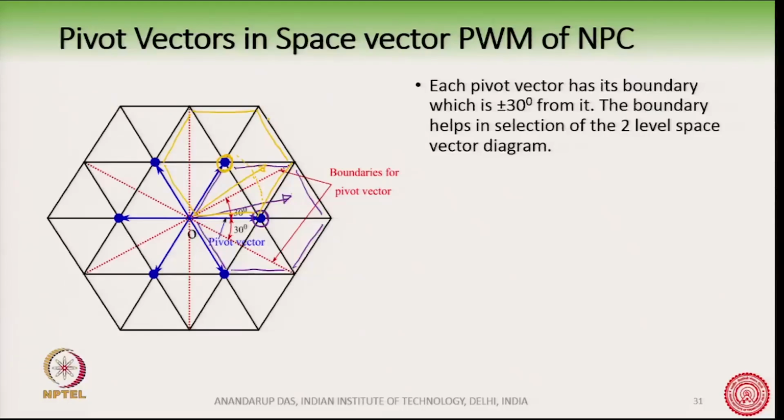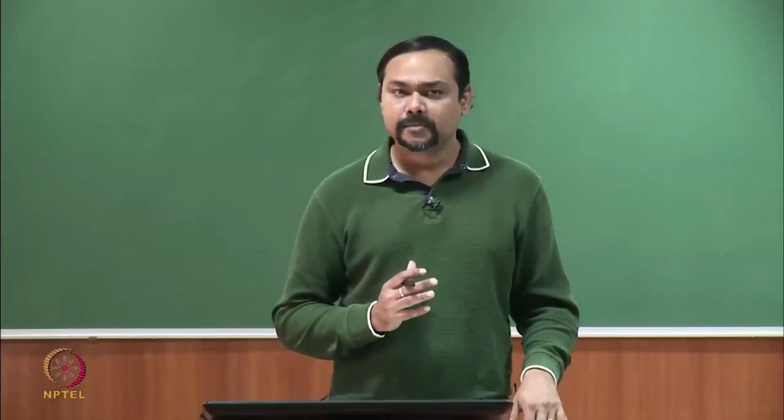Okay. So, this is the next 2 level space vector diagram which we will use with this as the pivot vector. These boundaries for the pivot vector indicate these 30-degree lines, which say when to move from one 2 level hexagon to the next 2 level space vector diagram.